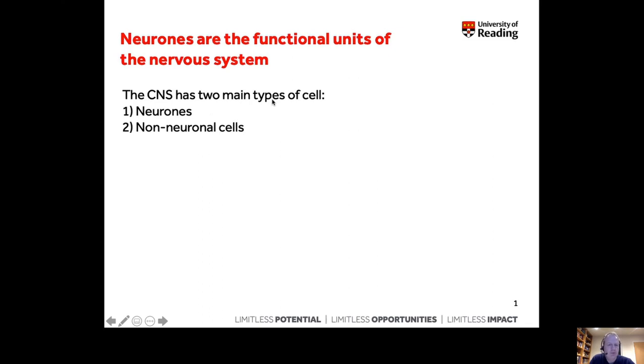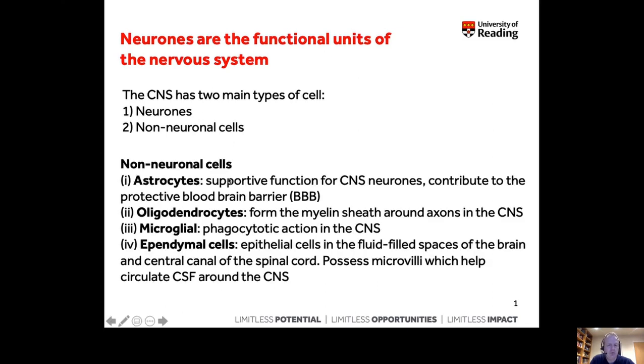So the central nervous system obviously has two major types of cells, neurons being the functional units that we're going to tell you quite a lot of information about, but also these non-neuronal cells. And there are four major types of non-neuronal cells, sometimes called glial cells. So glial comes from an old word that just means glue.